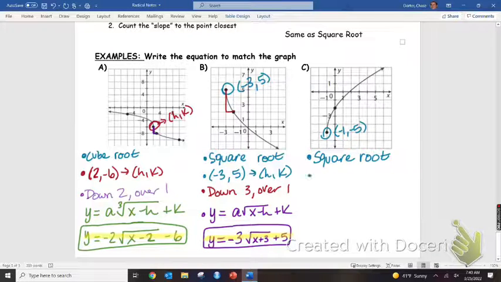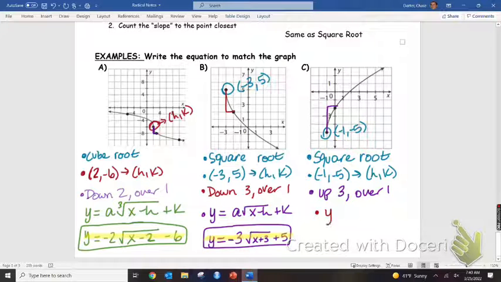So negative 1, negative 5 is my h, k. And then the next point is 1, 2, 3 over 1. So the next point is up 3 over 1.